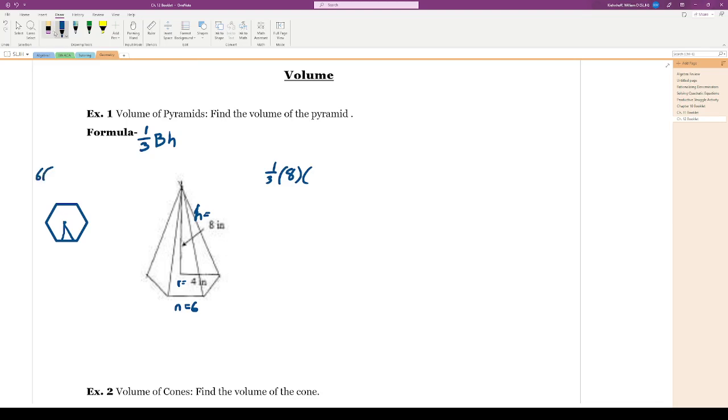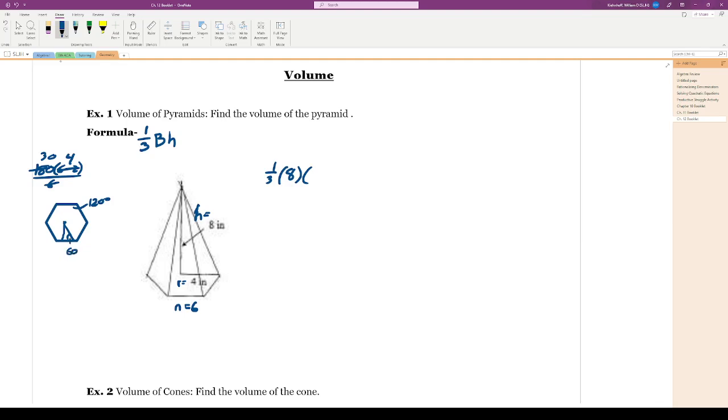180 times 6 minus 2 over 6. That's 30 times 4. So each corner angle in a regular hexagon is 120 degrees. So that means our corner angle here is 60 degrees.